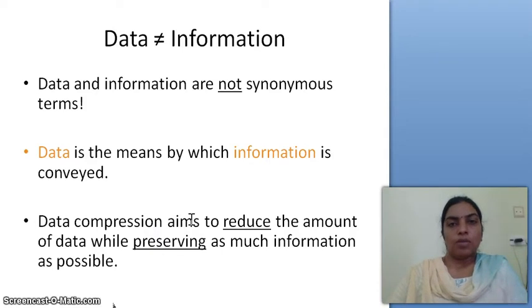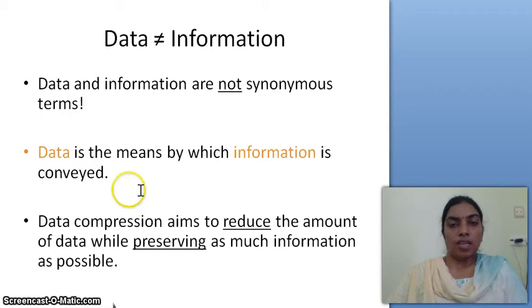They appear similar, but actually the data contains the information. You should convey the data with some information. That means we convey or transmit the data, but we should preserve the information.